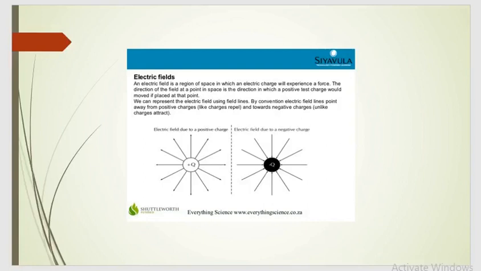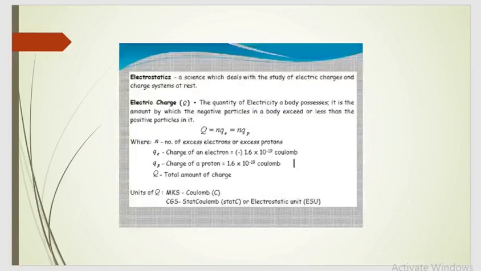We know that generally electrostatics deals with the study of electric charges and charge systems at rest. Electrostatics deals with static electric charges, the forces between them, and the effects produced in the form of electric fields and electric potentials.